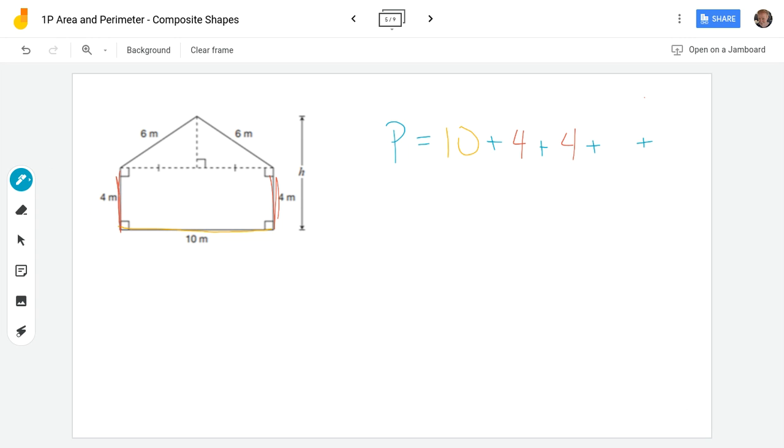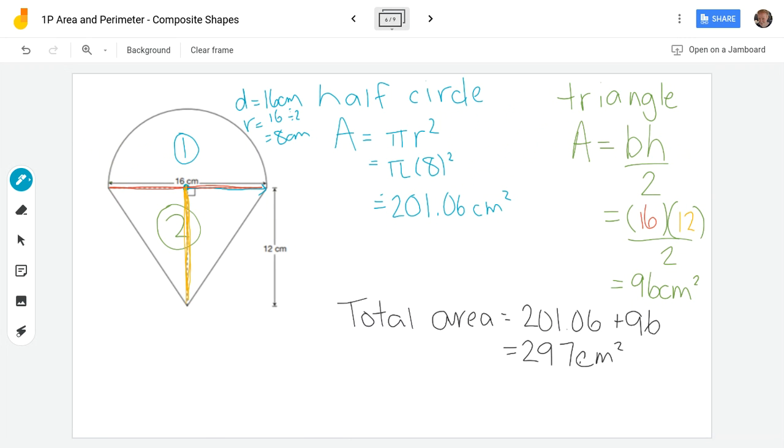And then we have 2 roof pieces that are both 6 meters. So we just have to add these things together. So 10 plus 4 plus 4 plus 6 plus 6 will be 30 meters for the perimeter. So much easier than the area. Now we'll go back to this one, and we're going to look at the perimeter of this one as well.